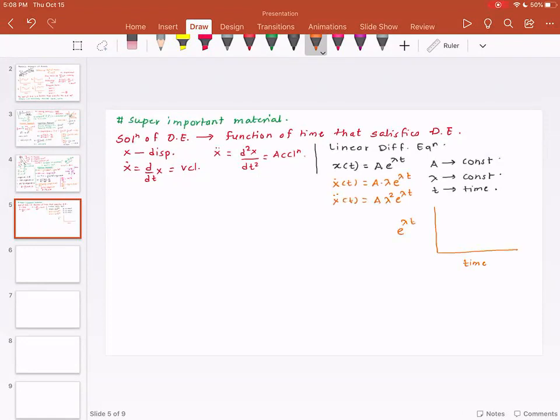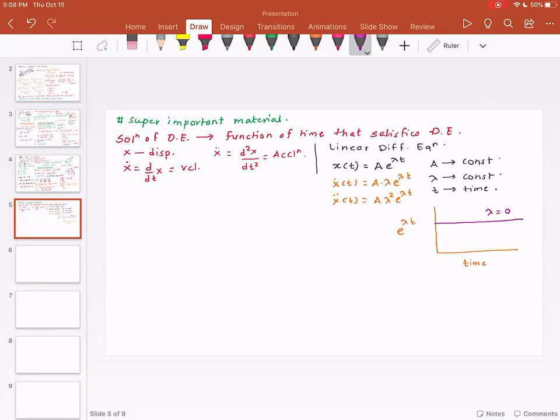On the y-axis, I'm going to show e to the lambda t, and time is t. So let's consider when lambda is equal to 0. When lambda is equal to 0, lambda times t is 0, e to the 0 is 1. So when lambda is equal to 0, I'm going to get a straight line.